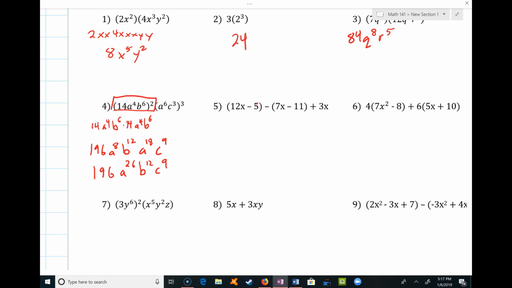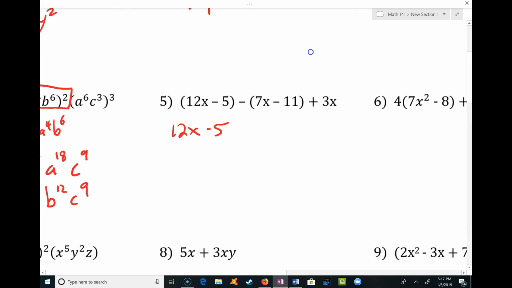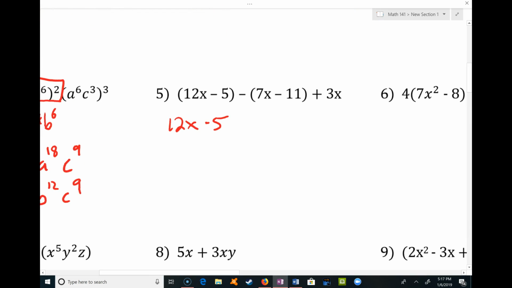Well, the distributive property says if I have something outside a parenthesis with terms inside, I can distribute that through if it's multiplication. Here, really, the 12x minus 5 parentheses aren't doing anything because there's nothing being multiplied outside. But here, there is a negative outside the parentheses, so I can drop the parentheses if I distribute that negative, meaning that I multiply negative 1 times 7 and negative 1 times negative 11.